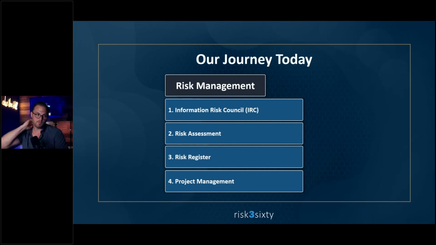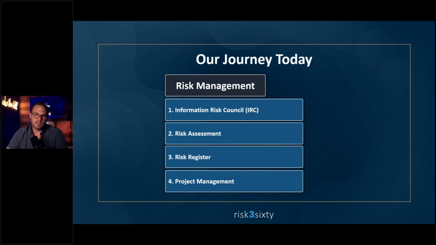So when it comes to risk management, we're going to talk about 4 things today. I'm going to talk about something I like to call the Information Risk Council. That's the governing body of a risk management program. Sometimes it's called a Security Risk Council or a Cybersecurity Council, whatever you want to call it. At Risk 360, we call it the IRC or the Information Risk Council. I'll talk a little bit about that. Then I'm going to talk a little bit about how to do a risk assessment. I'm going to point you to some great resources and show you a couple of those live.